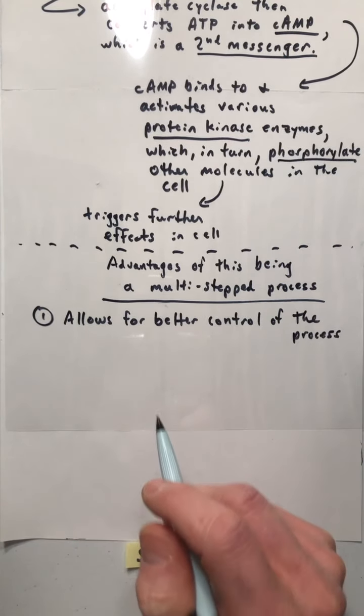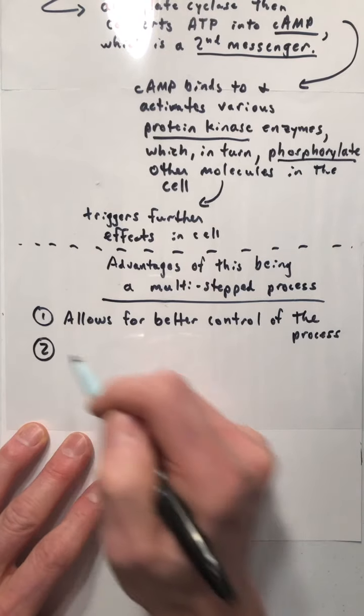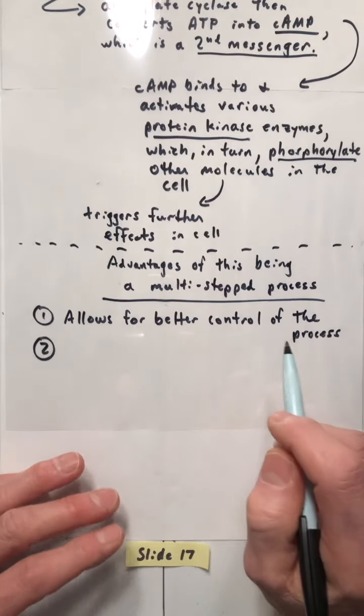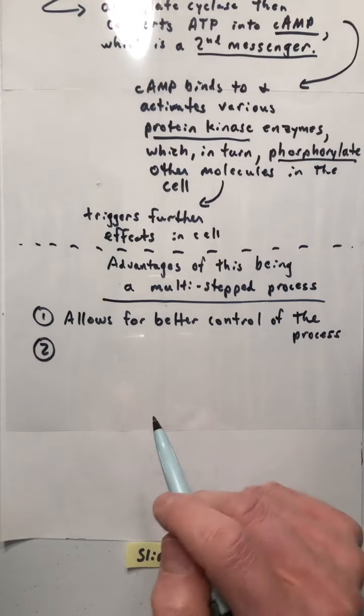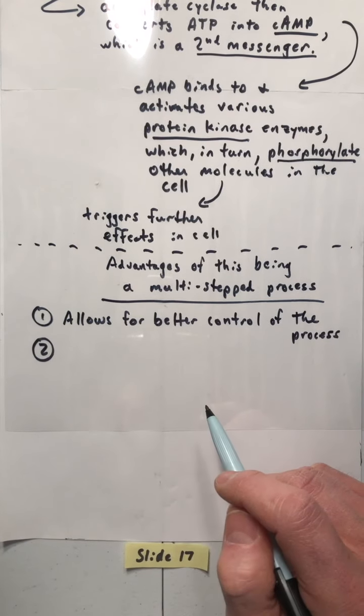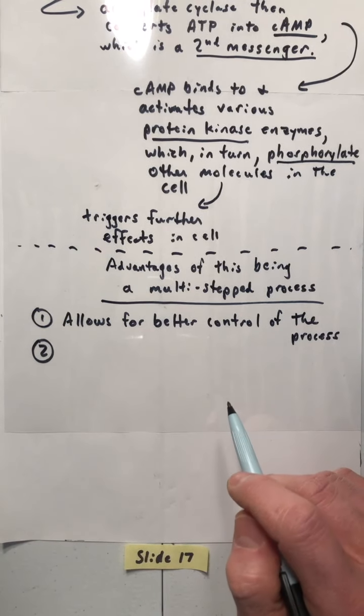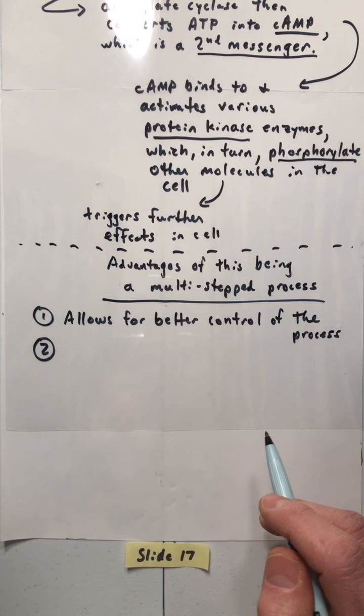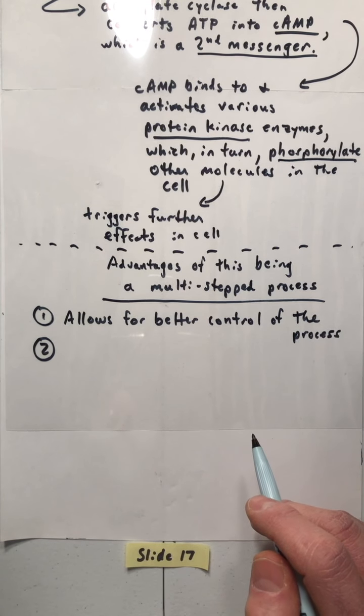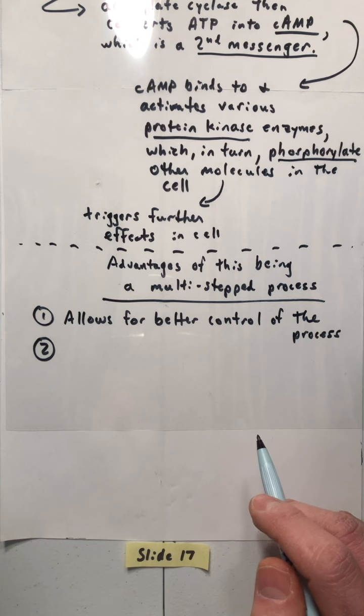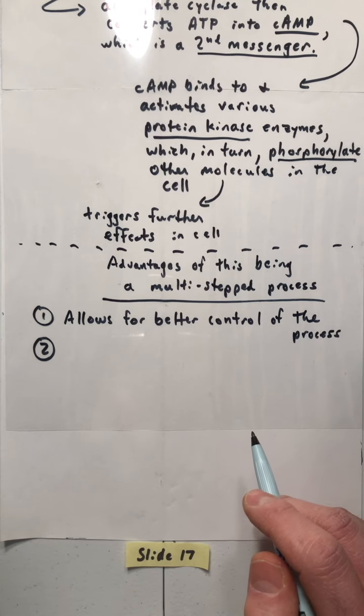And secondly, many of these steps actually involve one thing activating an enzyme, which triggers another chemical reaction, which activates more enzymes. Remember how fast enzymes work? A single enzyme can convert a reaction 1,000 times over in a second.